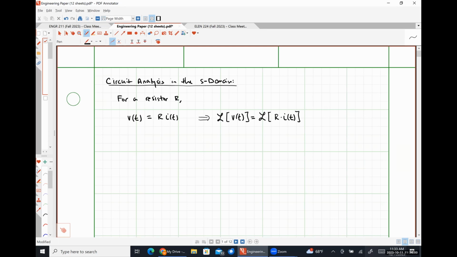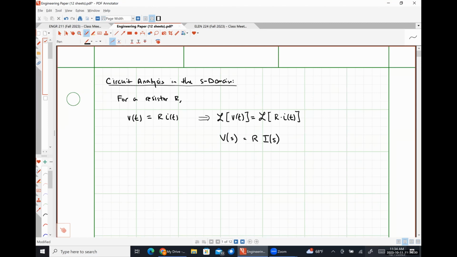So the Laplace transform of V of t will be just V of S. That will be equal to R times the Laplace transform of I of t, which is just I of S. So effectively, once again, Ohm's law is Ohm's law, regardless of the domain we're working in.